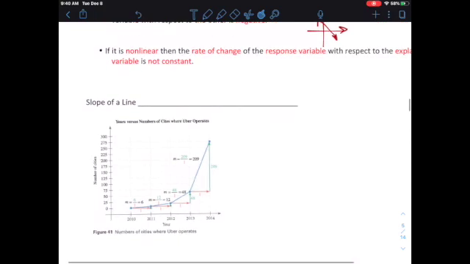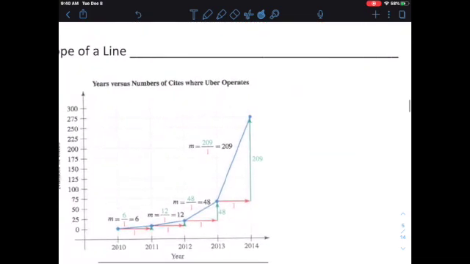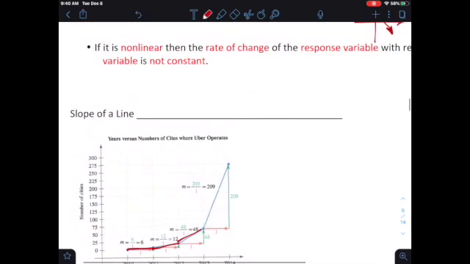And then that's the slope of a line that we have to talk about. So in this case, we are going to say this slope is 6, this slope is 12, this slope is 4. So the slope of a line is going to be y2 minus y1 over x2 minus x1.